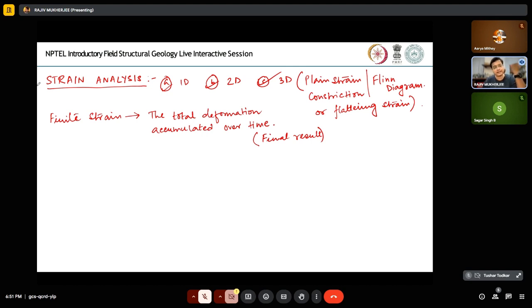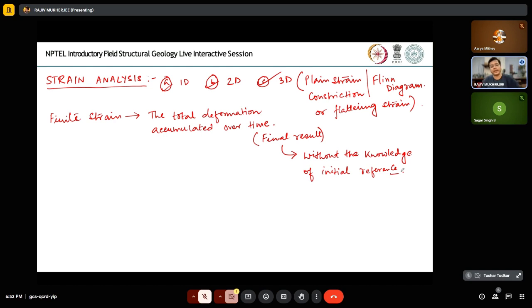So to get a final result, you need an initial reference, right? But the challenge in geological deformation is that we do not know what the initial reference was. So the final result, without the knowledge of the initial reference, we do not know that.